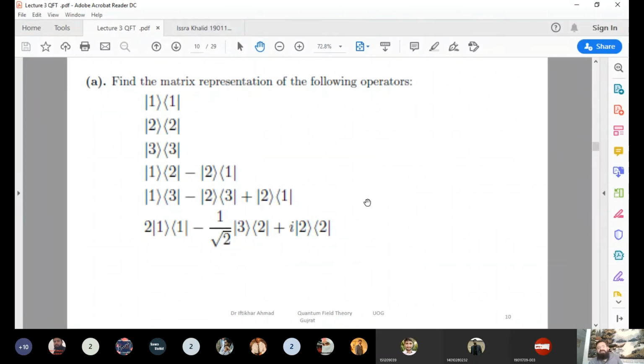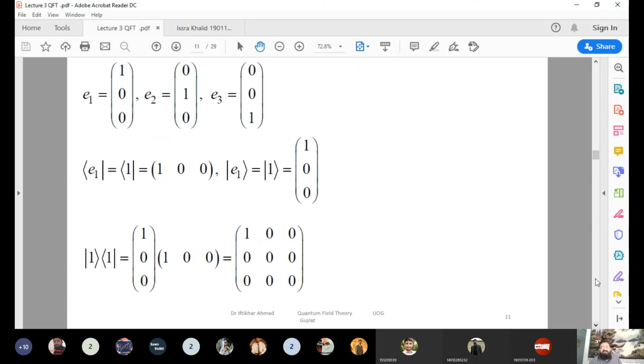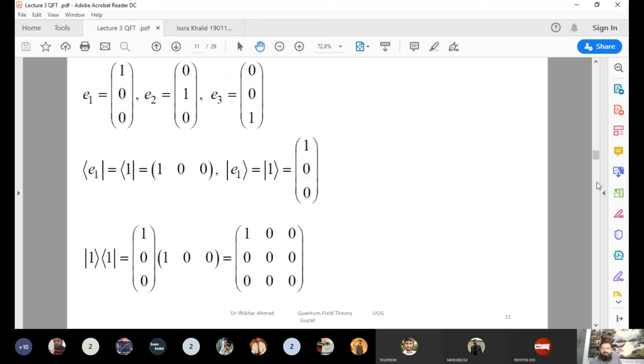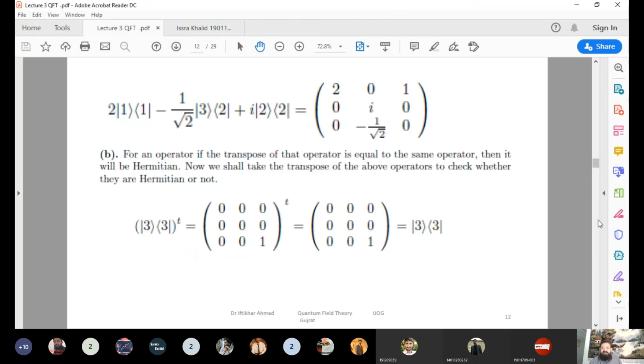You know how to transform operators into the form of matrices, and then you can check whether this one is Hermitian or not Hermitian. You can take the complex conjugate, and then you can take the transpose.